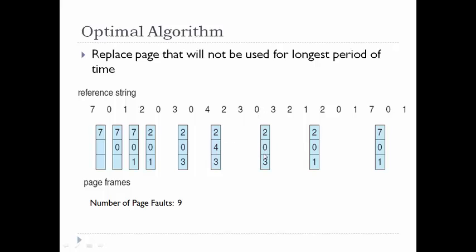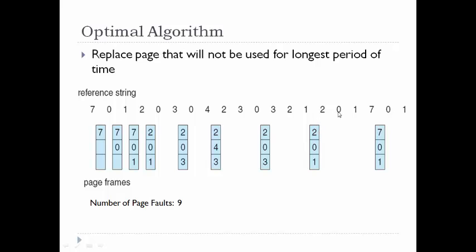Now we are going to insert 0 and check it. We have 3 which is to be used in the near future, 2 also which is to be used in the near future, and since 4 we do not have, we are going to replace 4 with 0. 1, 0 is to be used in the near future, and we are going to insert this 1 since 3 is not used in the near future.